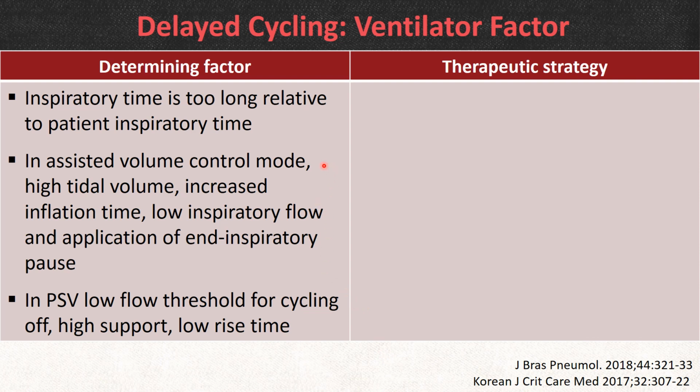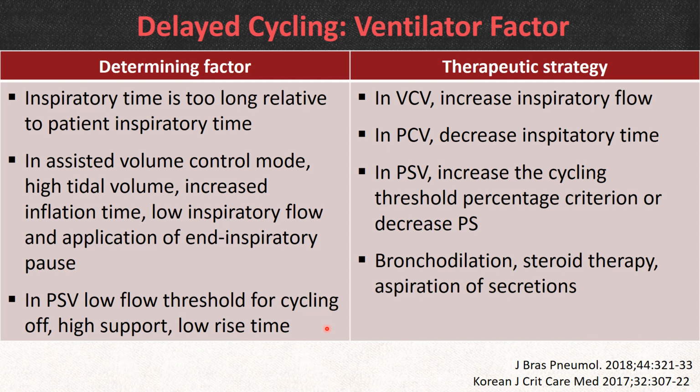In assisted volume control mode, higher tidal volume, increased inflation time, low inspiratory flow and application of end inspiratory pause can also be culprits of this delayed cycling. And in pressure support mode, a low threshold for cycling and high support or low rise time can cause delayed cycling.